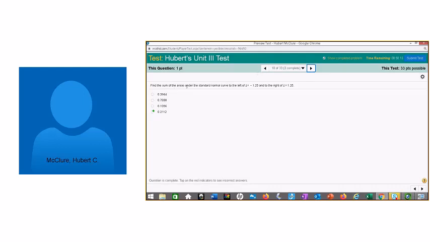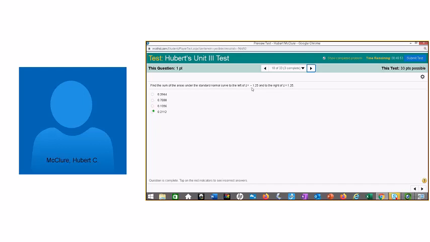Find the sum of the areas under the normal curve to the left of, okay, this, you could do it two ways. You could find negative 9999 to negative 1.25 and multiply it by 2 because these two are symmetrical.